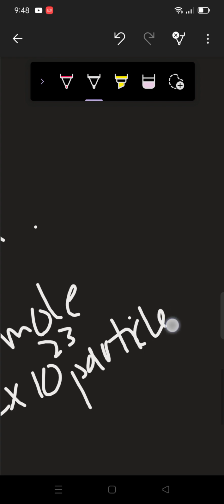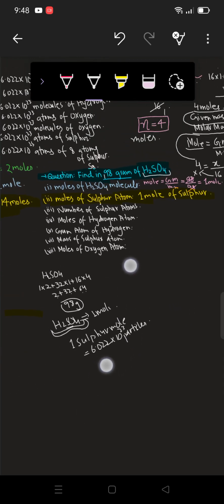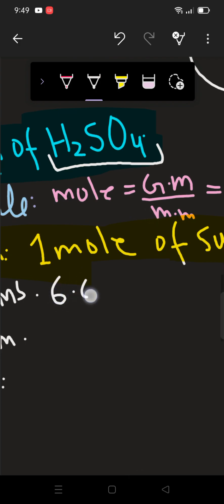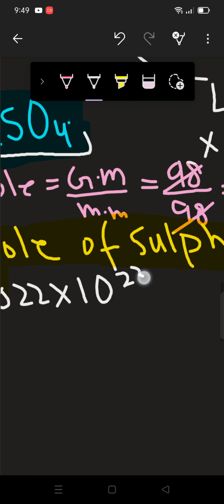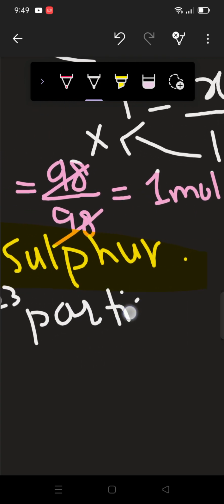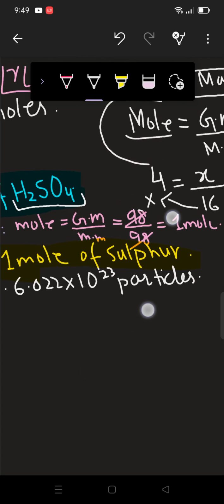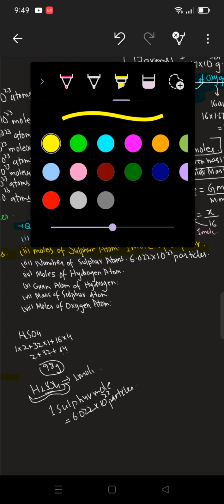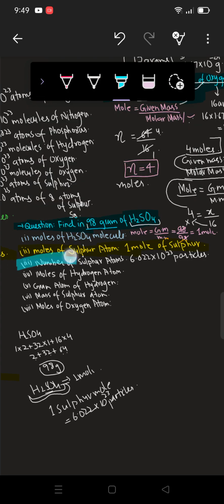So how many particles of sulfur would be there? There would be 6.022 into 10 to the power 23 particles, because we know that there is only 1 mole of sulfur, and 1 mole has Avogadro's number, and that is 6.022 into 10 to the power 23 particles of sulfur. So let me highlight this as well.